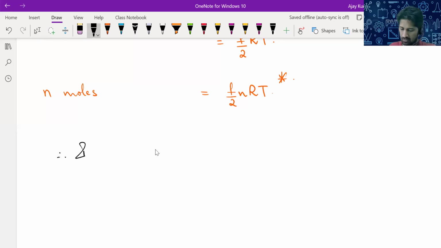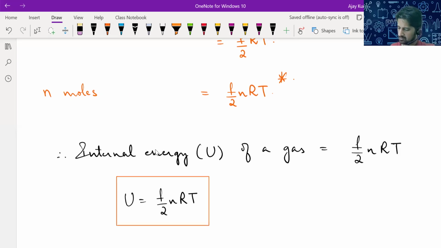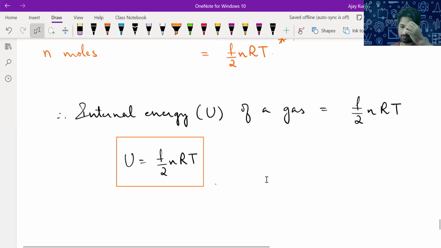Therefore, internal energy, that is U, of a gas is equal to F by 2 nRT, where F is the number of degrees of freedom of that gas. So depending on whether it is monatomic, diatomic, or polyatomic, you can decide how much F is. n is the number of moles, R is the universal gas constant, and T is the temperature.